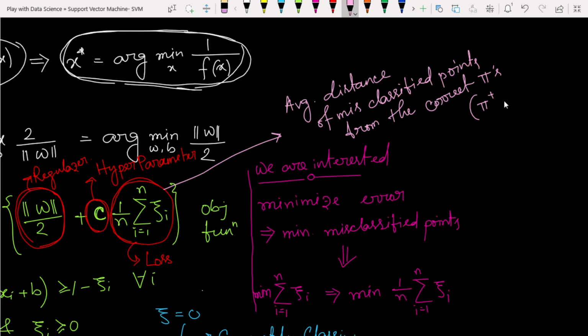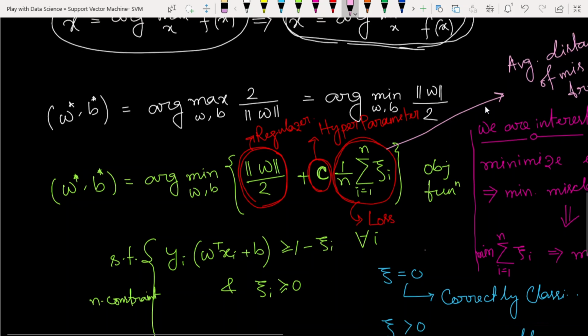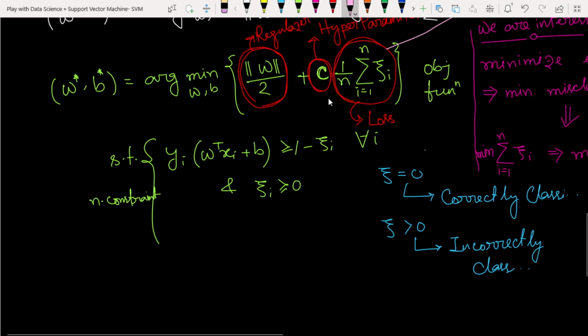Pi plus and pi minus. These are our correct planes. This is the simple average distance of the misclassified points. So, till now, all the concept is clear.